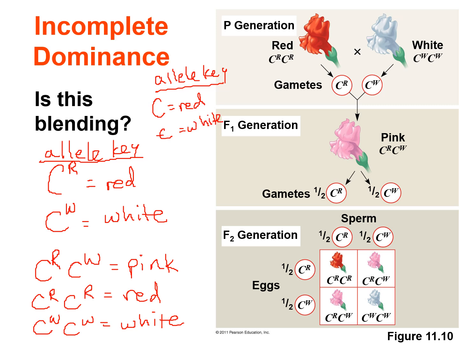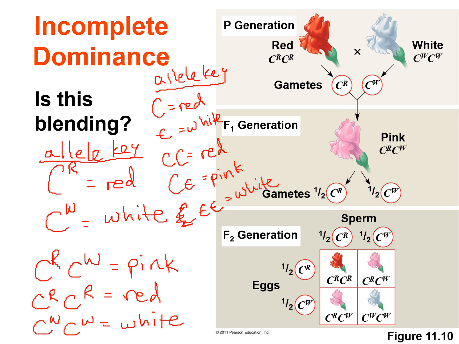Then you would just have to remember that because neither one is actually dominant over the other, if you have two big C's together, that would be a red individual. If you have the heterozygote, that would be pink. And if you have two lowercase c's, they would be white. You could write it that way if you wanted.